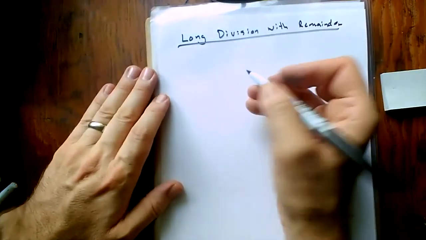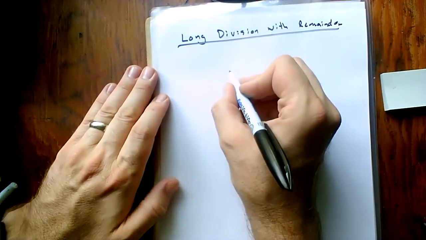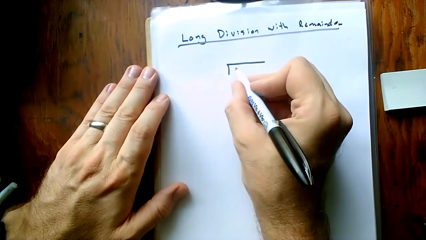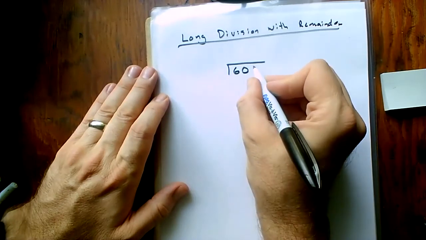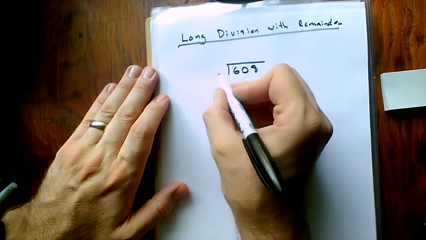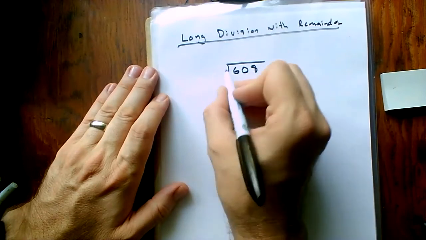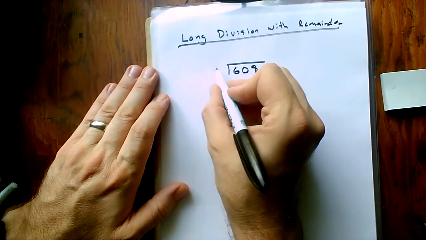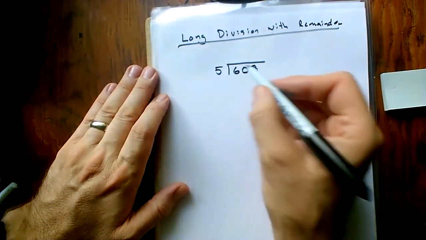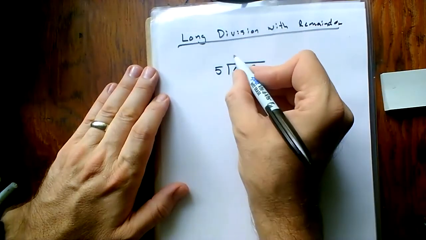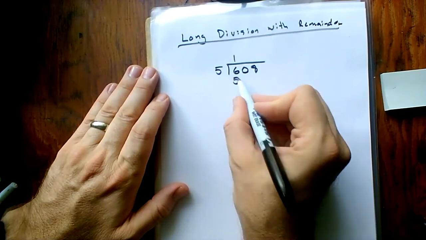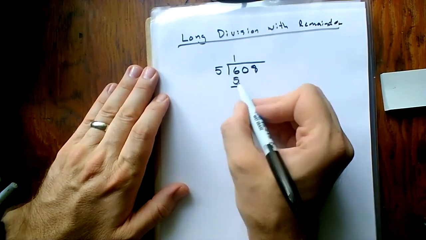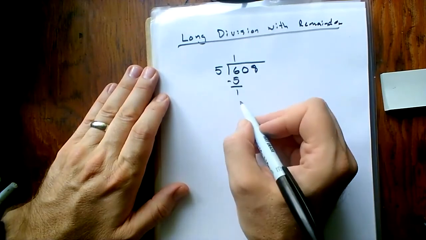So let's do 608, only this time I'm going to divide this by 5. 5 would go into 6 one time. 1 times 5 is 5. 6 minus 5, that's 1.